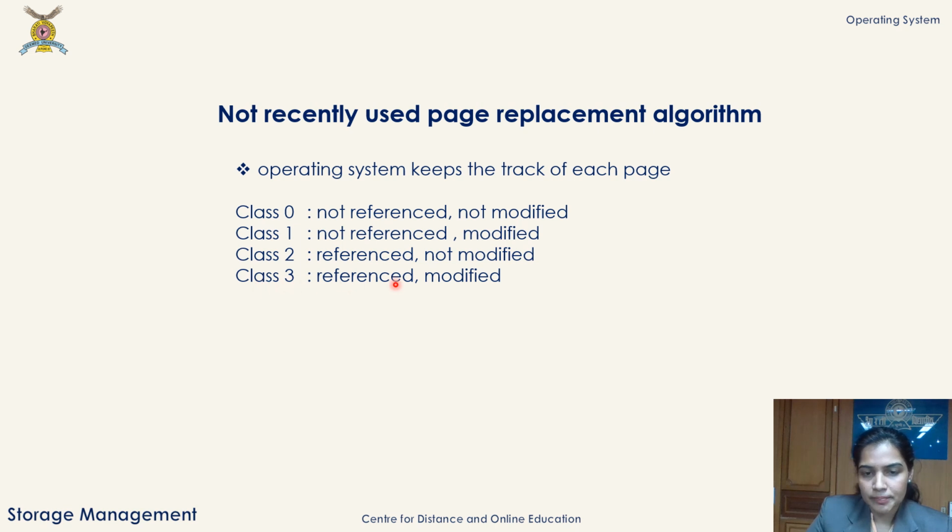And class 3 is the page referenced as well as modified. So the operating system first removes a page from class 0, which is neither referenced nor modified. Whenever a page fault occurs, the OS will select a page from class 0, then class 1 and so on. So according to this category, the page will be replaced.